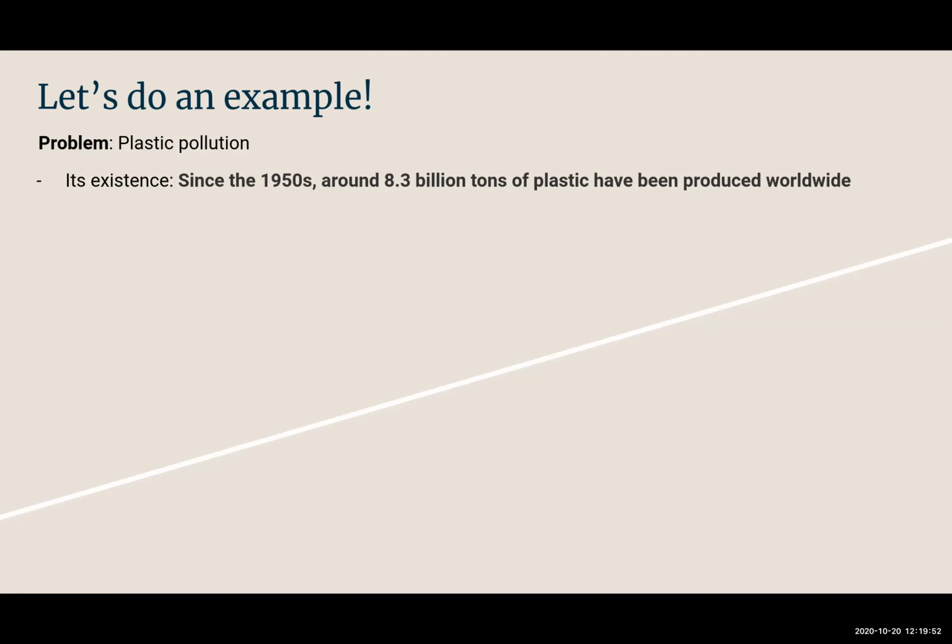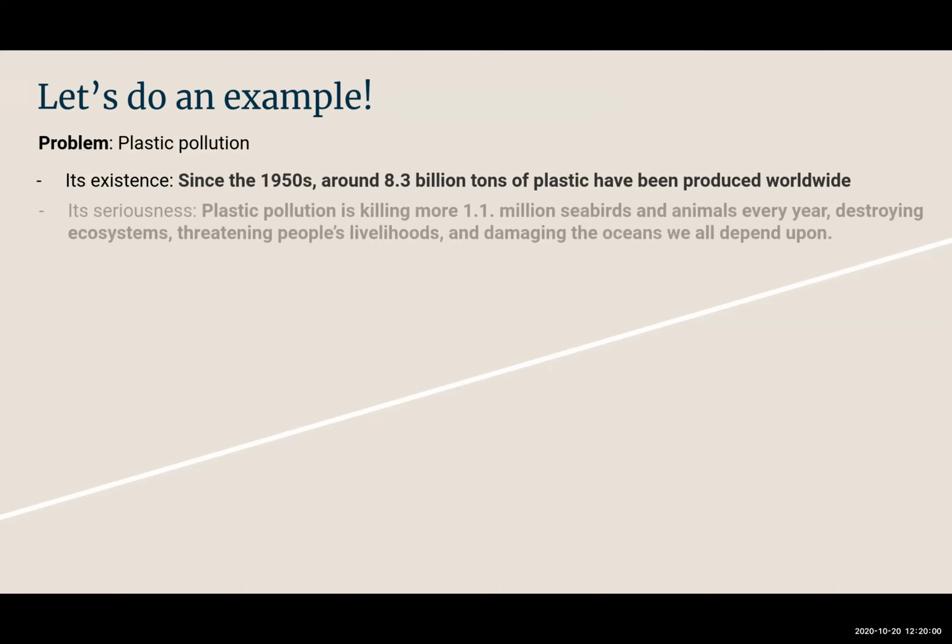So we have a problem of plastic pollution. It exists, it's out there, but is it a big deal? Is it a big problem? And that's where this next stat comes in. Yes, this plastic pollution is a serious problem. Plastic pollution is killing more than 1.1 million seabirds and animals every year, destroying ecosystems, threatening people's livelihoods, and damaging the oceans we all depend upon.